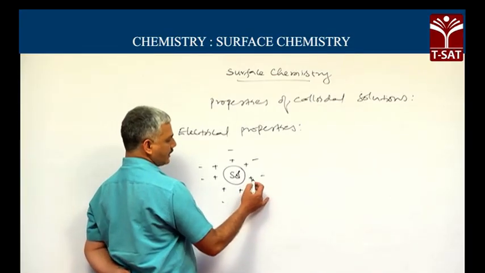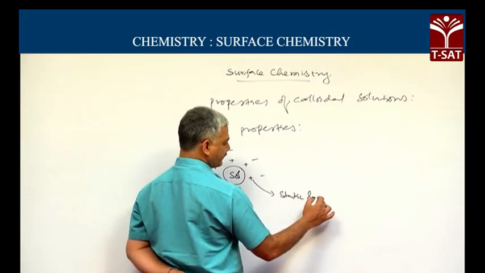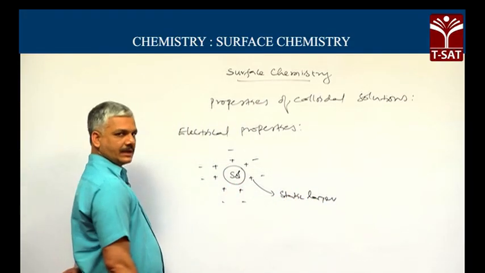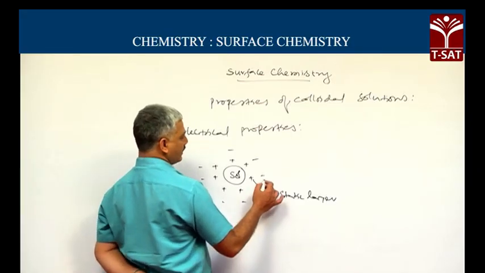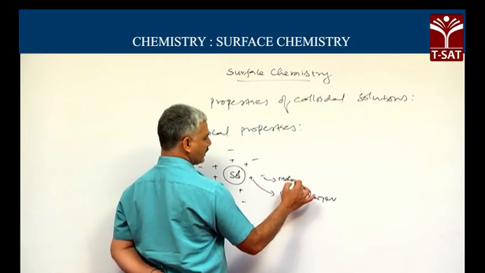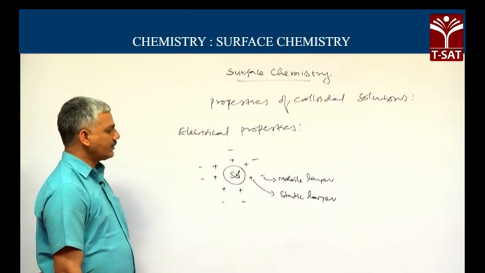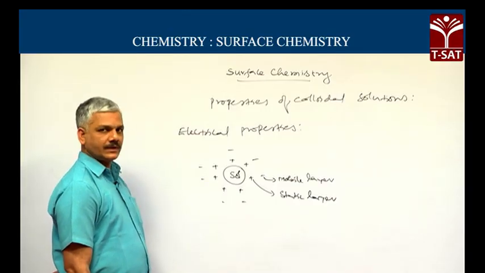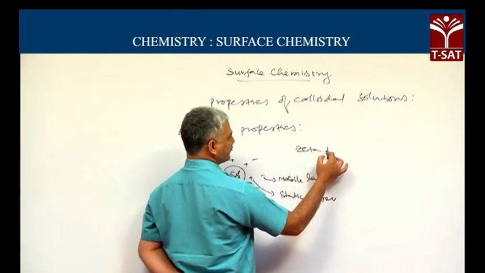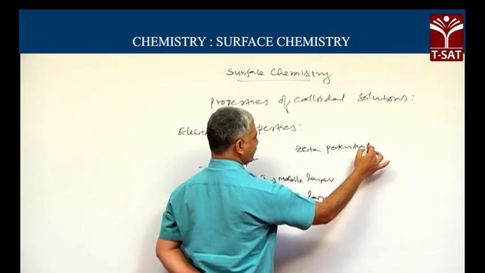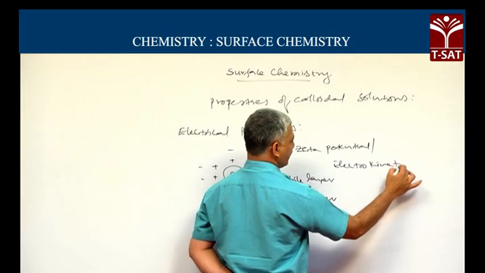The first layer of ions adsorbed, they are called as a static layer, while the second layer consisting of oppositely charged ions are called as a mobile layer. Between the static layer and mobile layer, a potential difference will arise, which is known as zeta potential, or it is also called as electrokinetic potential.